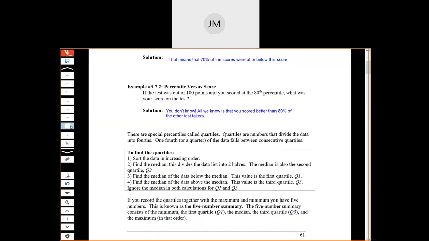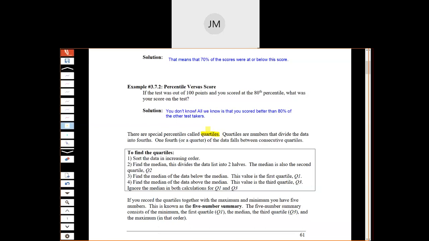We're going to give a special name to some of our percentiles, and we're going to call them quartiles. A quartile, think of the word quarter, right? Quartiles is just dividing things up into quarters. So the first quartile is just 1/4 or 25%.